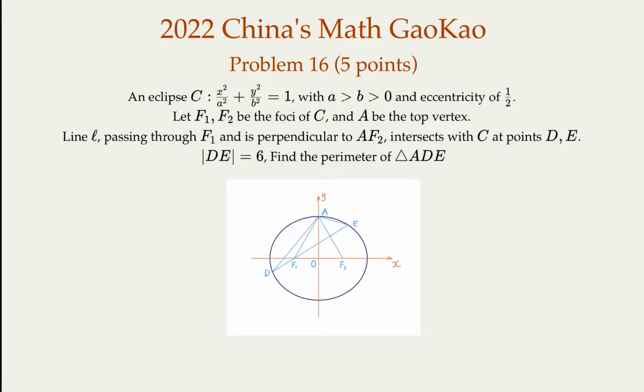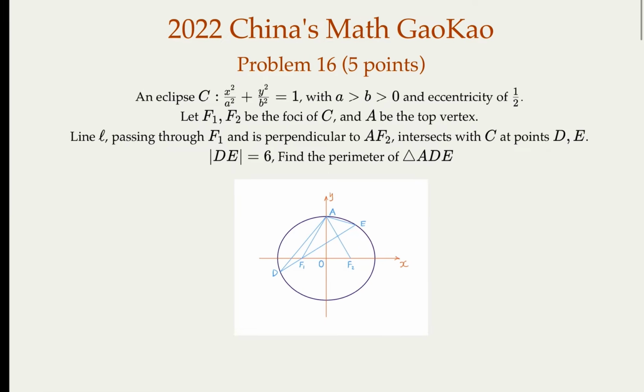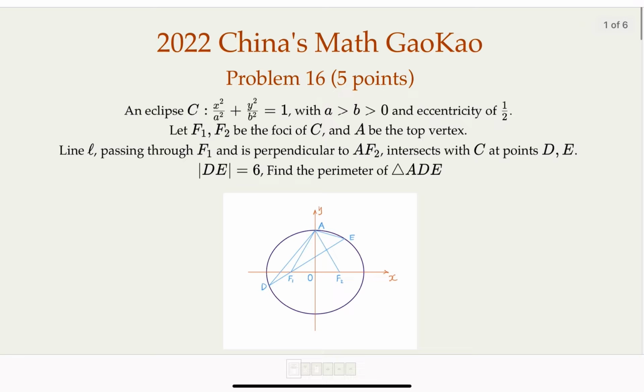So here we're given an ellipse with eccentricity of 1/2, and A is the top vertex here. There's a line passing through this, but it's perpendicular to AF.